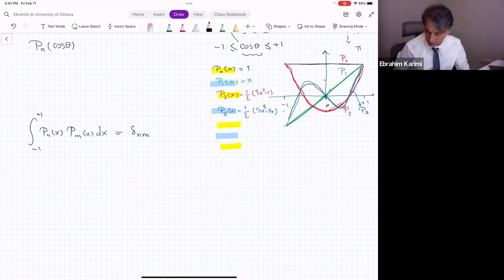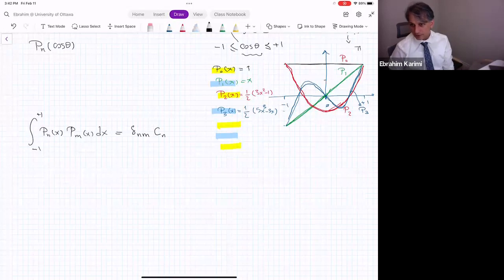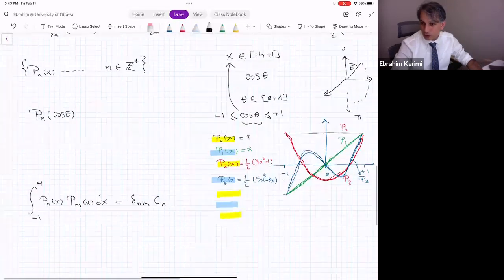That's the orthogonality. However, they are not normal right now, which means that when m is equal to n, it is not equal to 1, but requires a coefficient that you need to place here. And we will be discussing that. This normalization destroys the orthonormality.